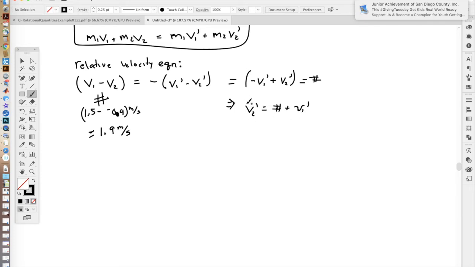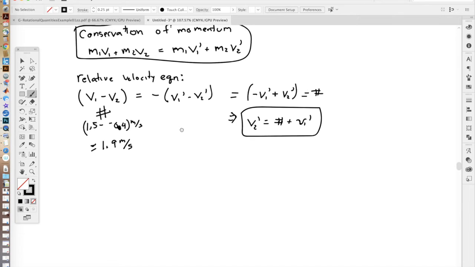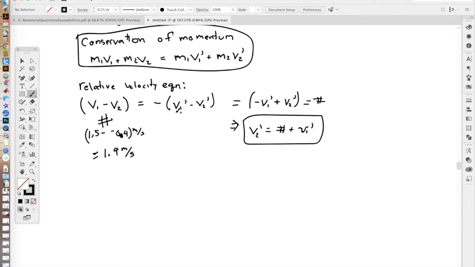Okay, so that's, given that we know the initial velocities, what our relative velocity equation boils down to. Now we can look up here at our conservation of momentum equation, and what we can do is plug in this v2 prime into that equation right there.